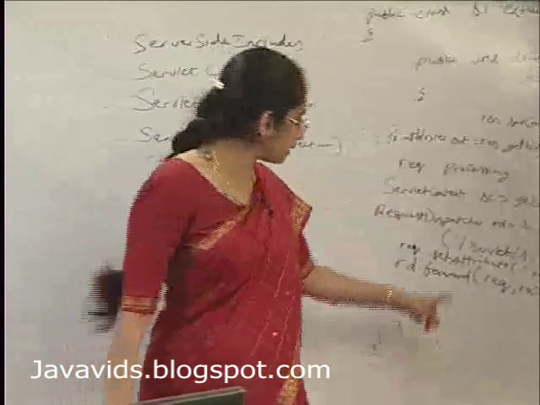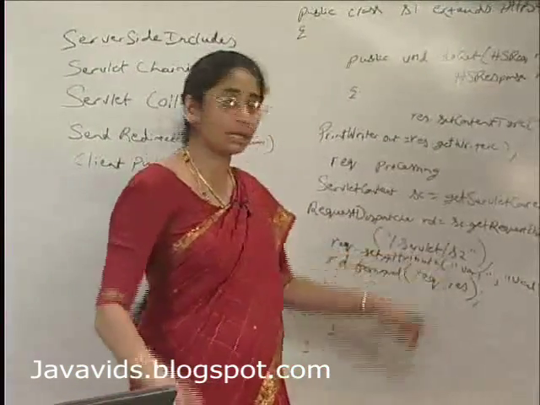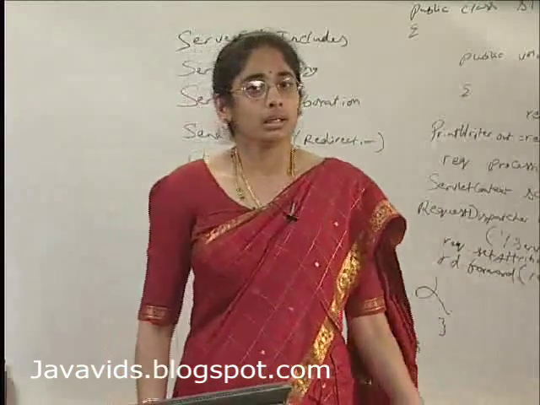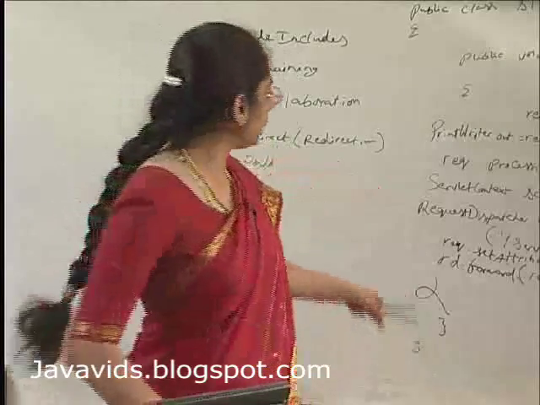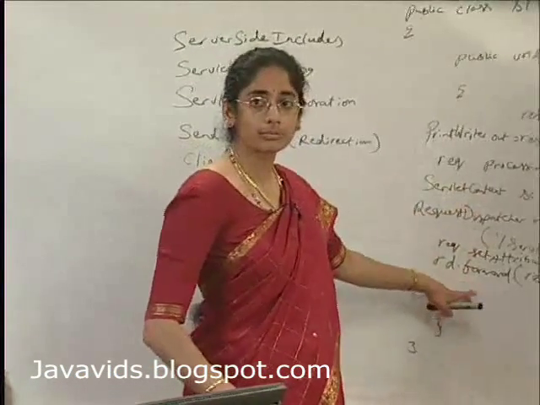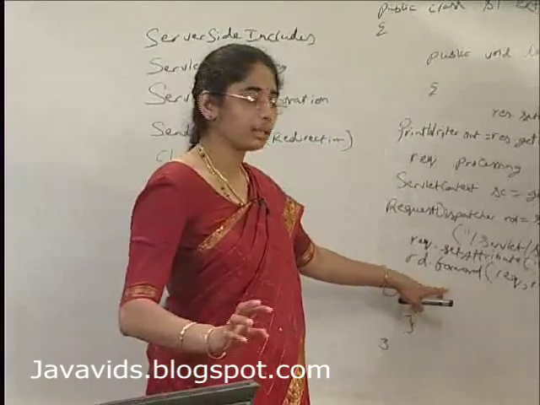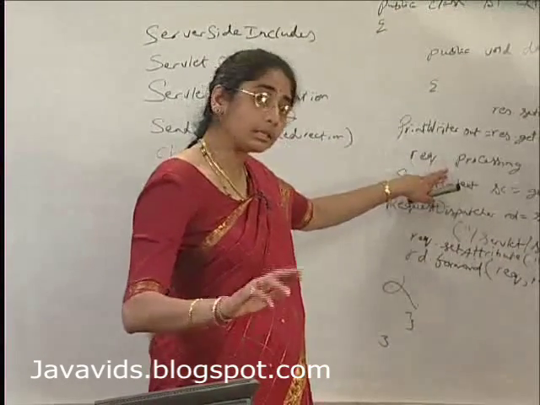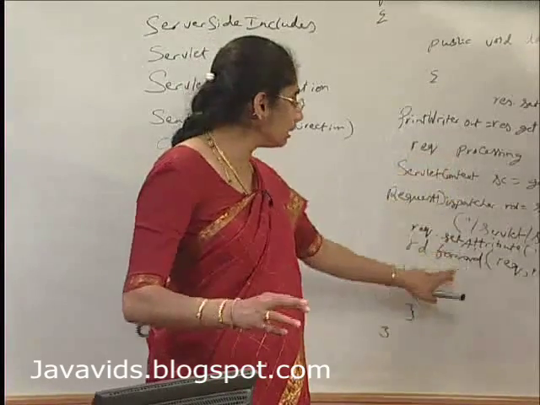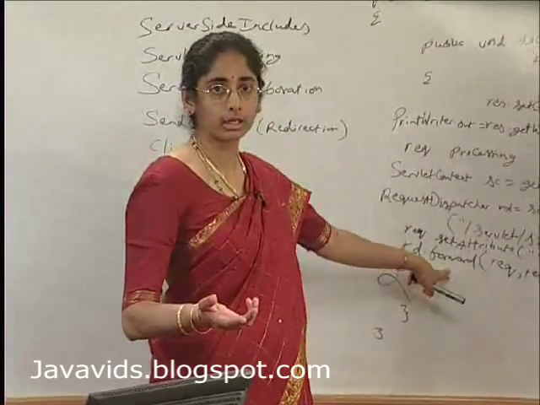Even in the forward, suppose I have a forward here and S2 might be having an include. If suppose I'm having an include and a forward in this particular page, then the include file should not have any out.println, because again after include I am calling for forward.